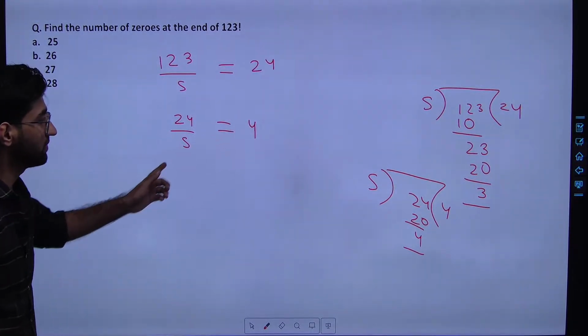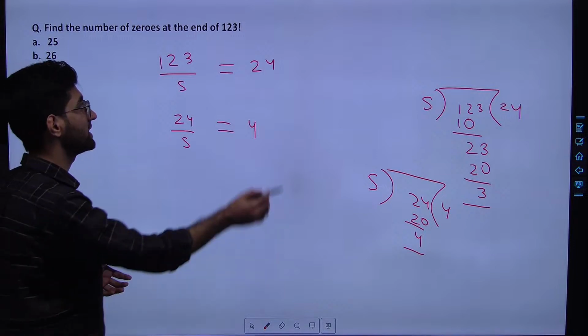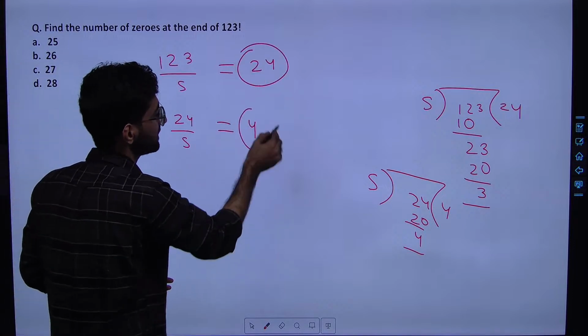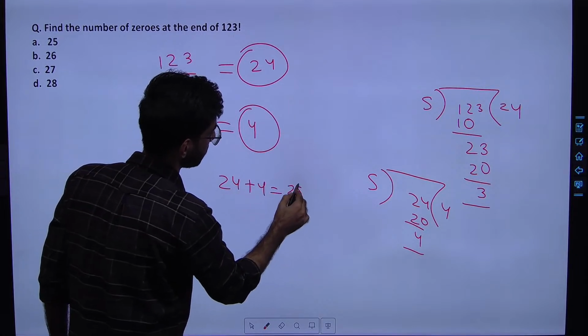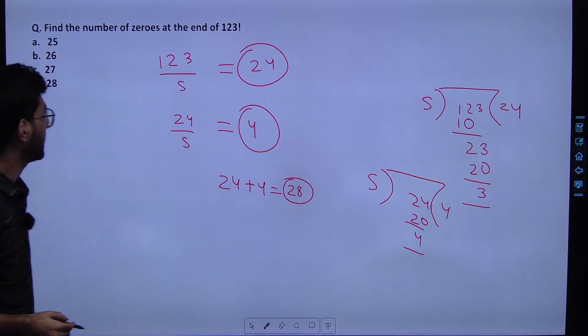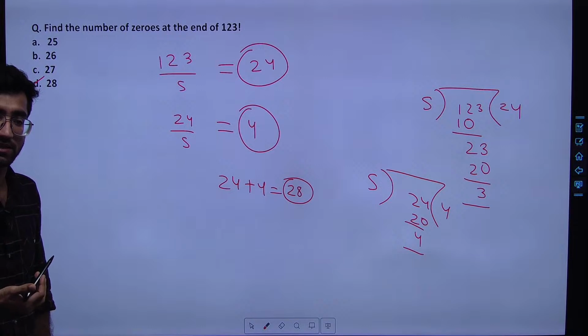Can we divide 4 by 5? No, we can't divide anymore. So what is the number of trailing zeros? Simple, add these values: 24 plus 4, 28 will be the correct answer, and 28 is present in option D.